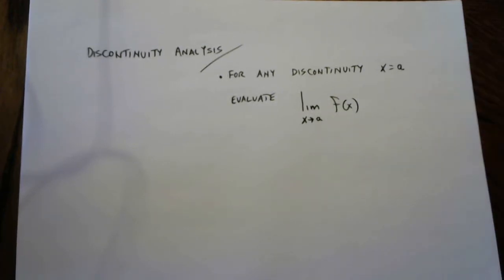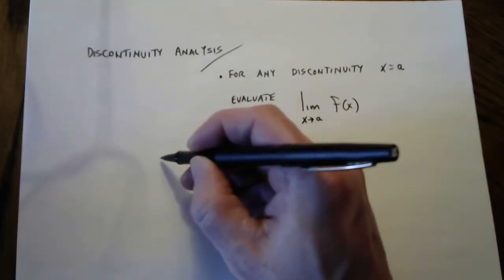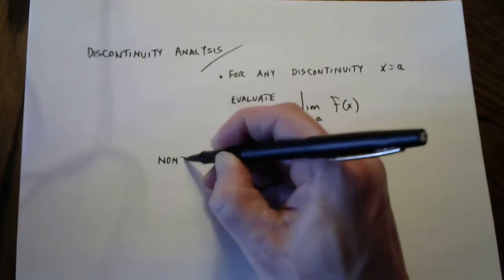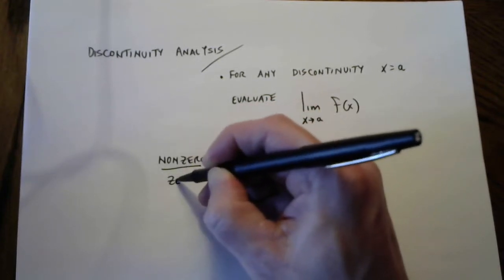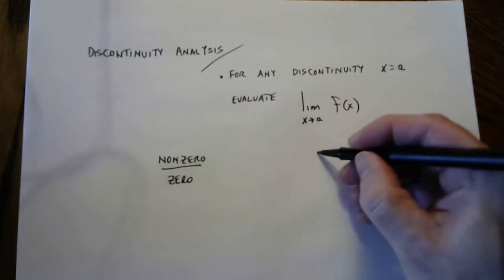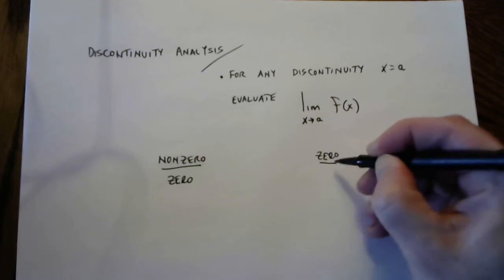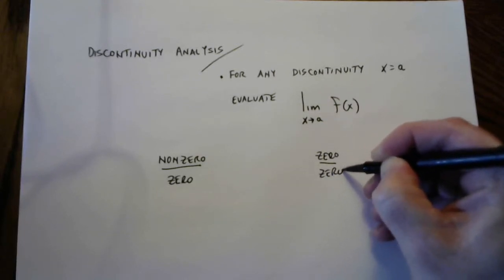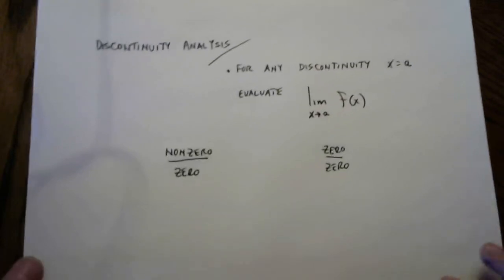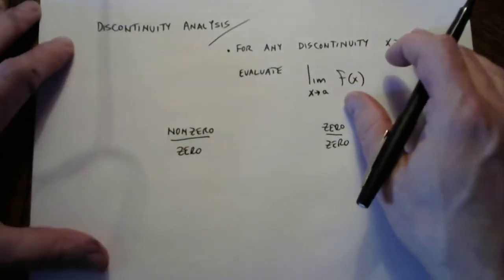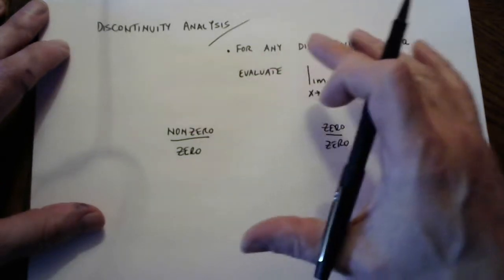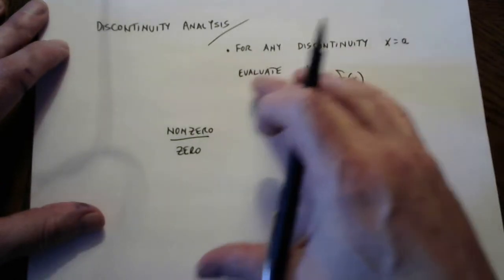So the other two choices we had when you direct substitute is you got non-zero over 0, and you got 0 over 0. In the first case, we knew this was an infinite limit. We evaluate right and left hand sides.